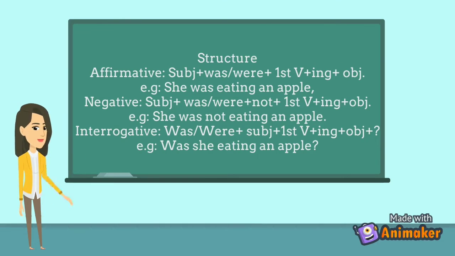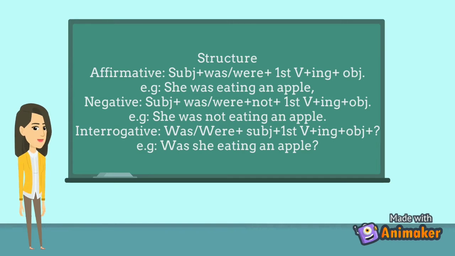Next is the negative sentence. In this sentence, we use not, which is the sign of a negative sentence. The structure is: first we write subject plus was or were according to the subject. Then we write not to show that it's a negative sentence.